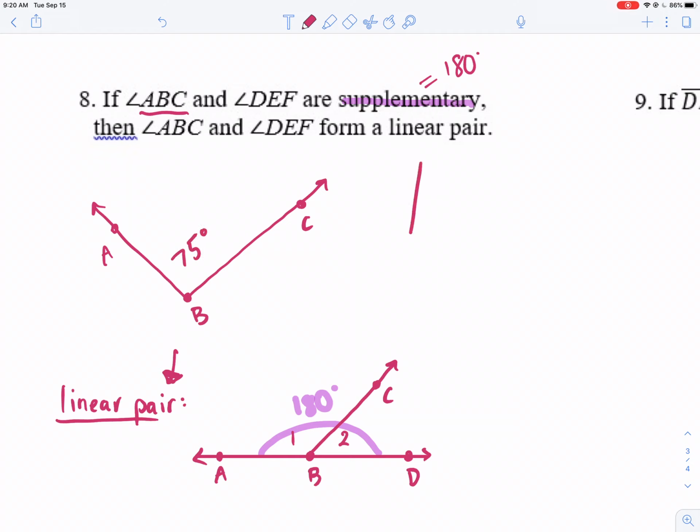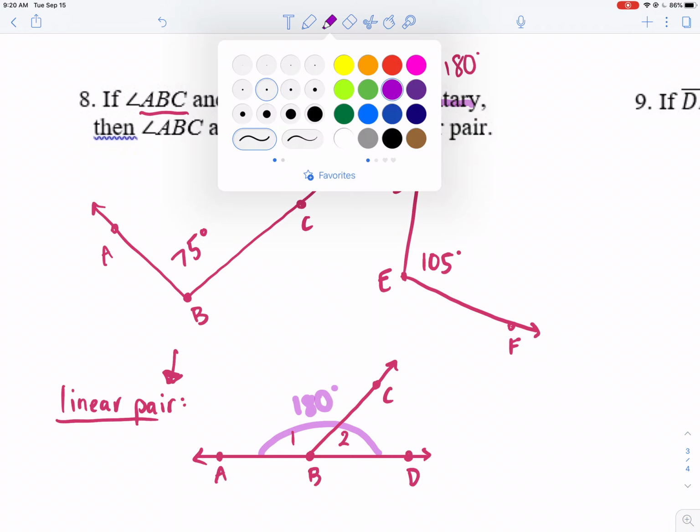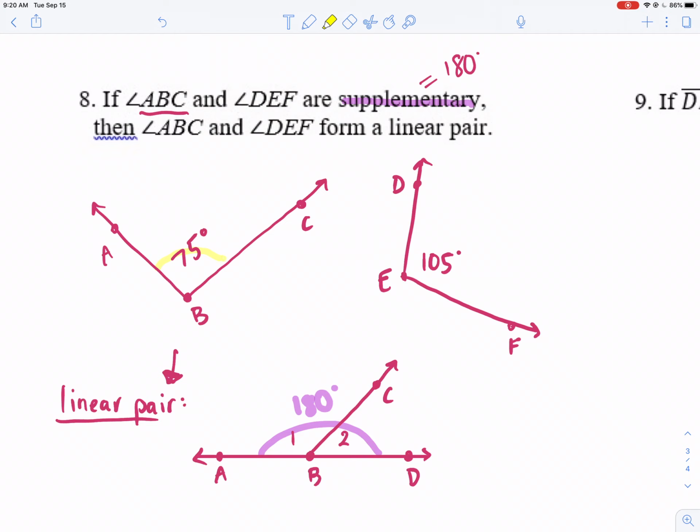And then over here, I could say that I have angle D, E, F, and it would be 105 degrees. So those angles are still both supplementary, but they are not a linear pair. They both add up to 180, but they are not a linear pair. Okay, so we're going to put that here. So we're going to say false.